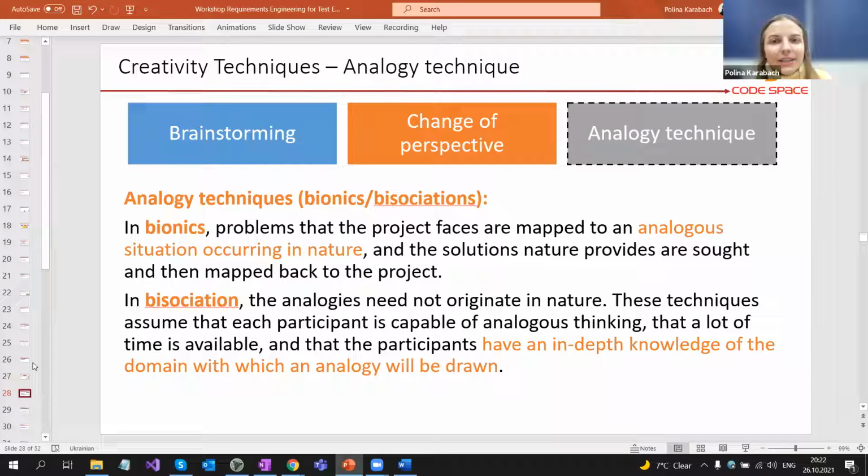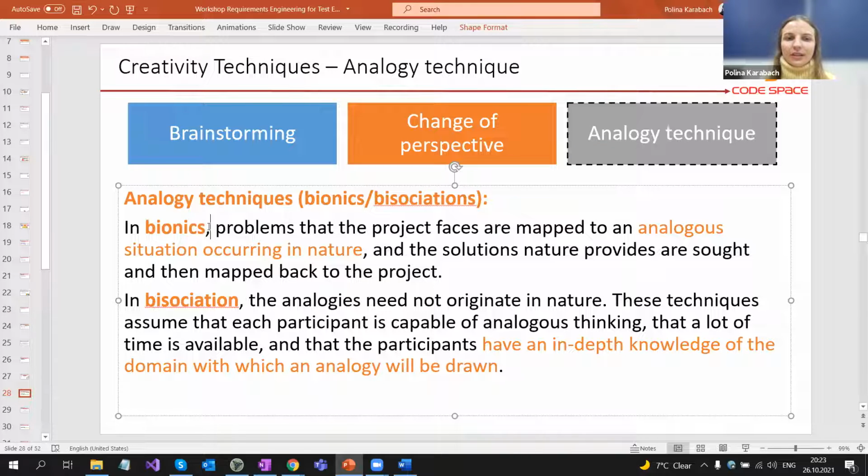And the analogy technique, last but not least, is an interesting approach and can be a way to analyze and elicit the requirements for a certain problem or feature. So we search for an analogy for our feature, our problem, our functionality, in nature or in another domain. So it's bionics.